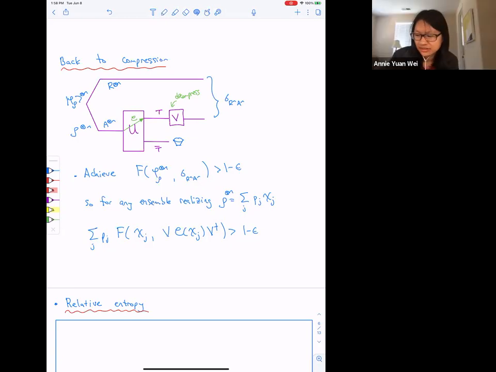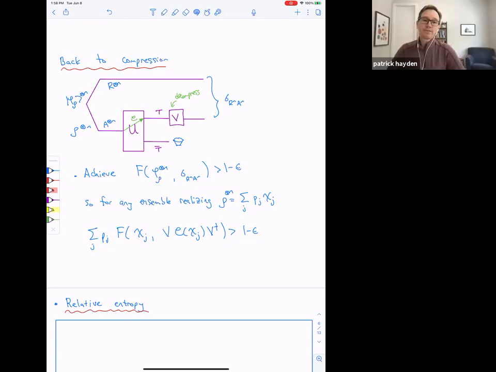For the fidelity measures where it's written as a maximum over the best decomposition, I guess sometimes you don't actually know what that is. Oh yeah, so maybe you could also be asking, how would we even know that we have achieved this if we don't know the optimal purification?